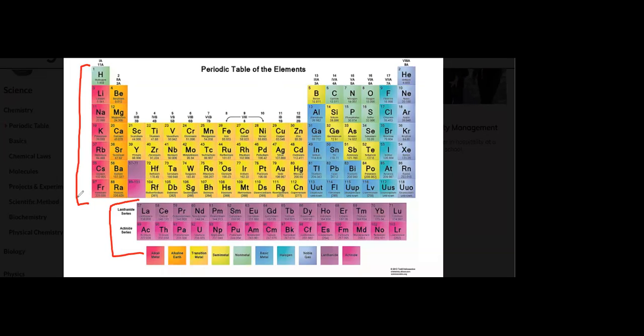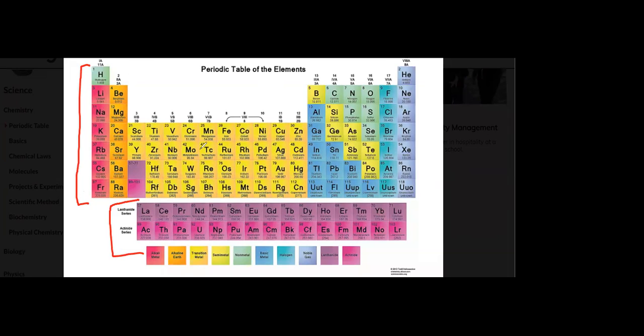So first thing, the periodic table consists of horizontal and vertical tables.